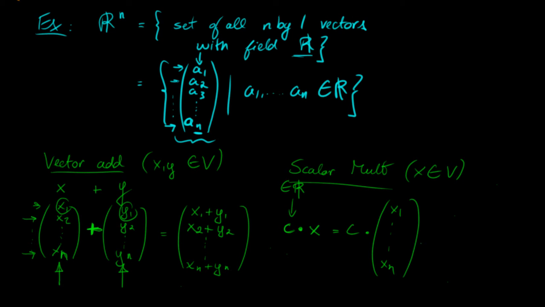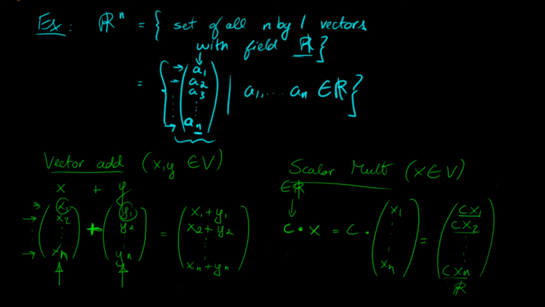What that really is, is just c times x1, c times x2, and so on until c times xn. And these multiplications are actually just multiplications over R, the real numbers.